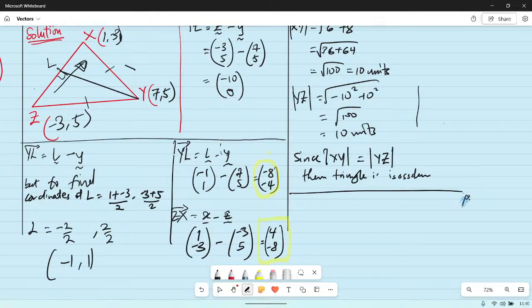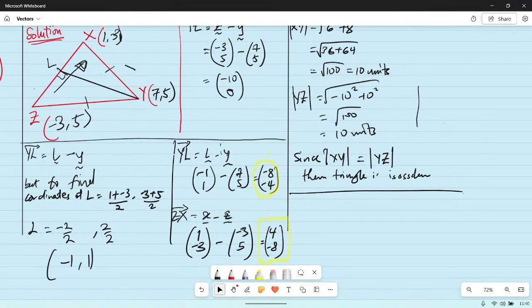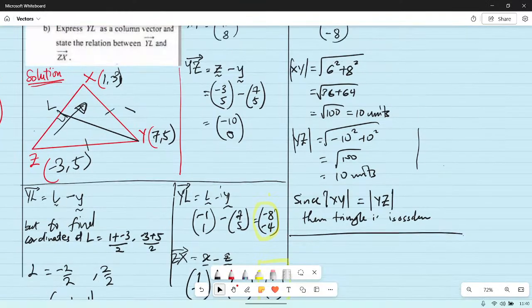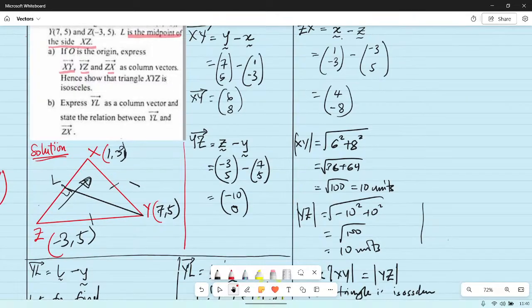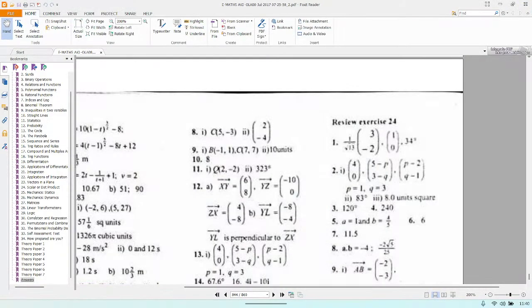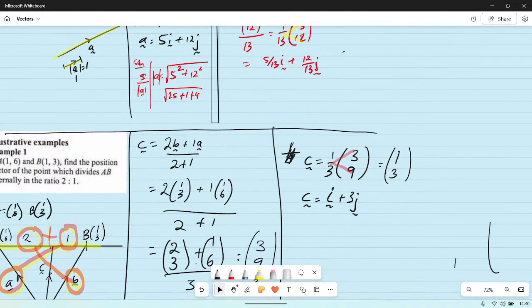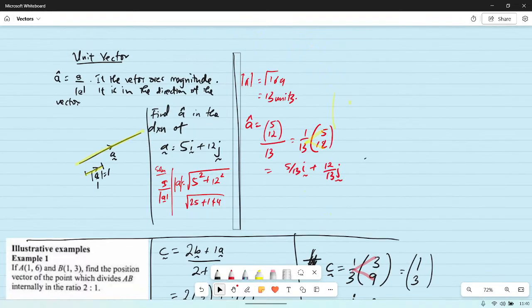Actually, what I did was correct, but because when I checked the answers, that's what we did. 6, 8, X, Y, 6, 8. 6, 8 for XY, correct? 8 times 0. Anyway.